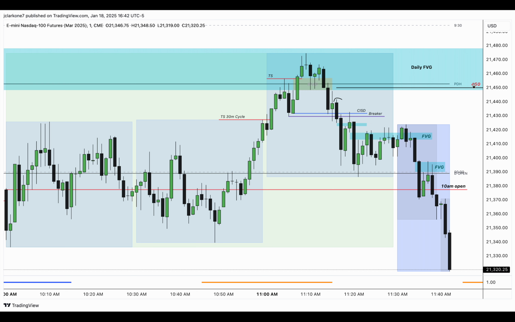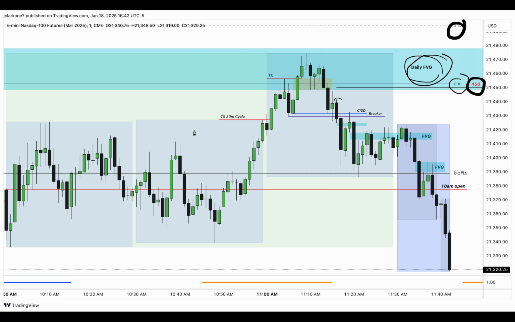We're also at the 450 level. Okay, so that's something you want to see, 450 or 100 level. And we're also in a daily fair value gap, and we're also above prior day high. Like, this is as bread and butter as it gets, to be honest. You can put max risk on this because there's just so many confluences: below 930, in the daily fair value gap, above prior day high at a 450 level.